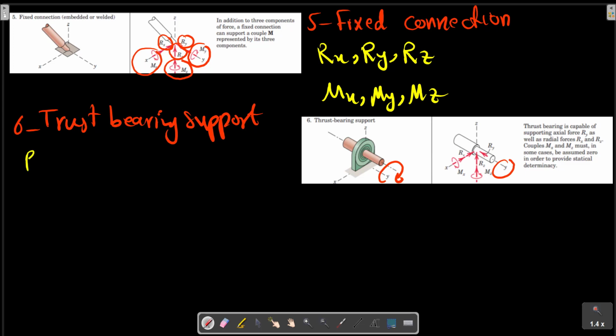So we have three forces and two moments in this type of support, and they should be used in the free body diagrams.